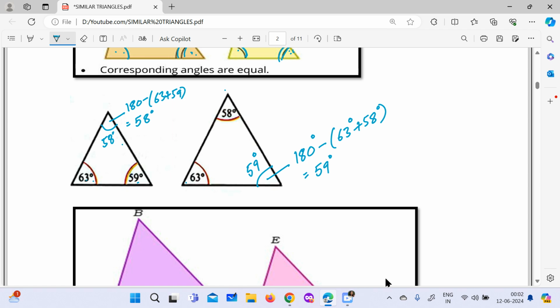Now you see that this angle is 63 degrees and its matching angle here is also 63 degrees, and then here this is 59, and here also we got 59 degrees, here we got 58 degrees, and here also we got 58 degrees. So we can say that these two triangles are similar because they have the same angle measures. I hope this is clear to everyone.